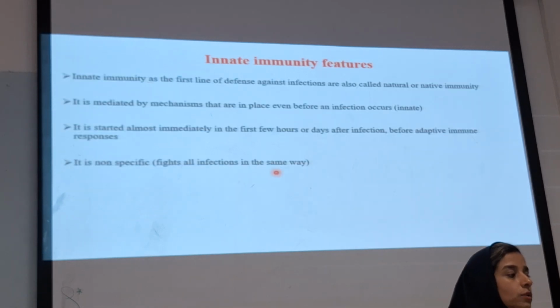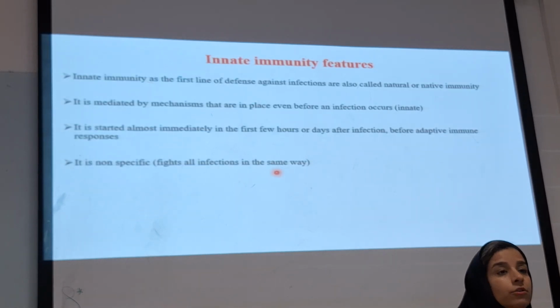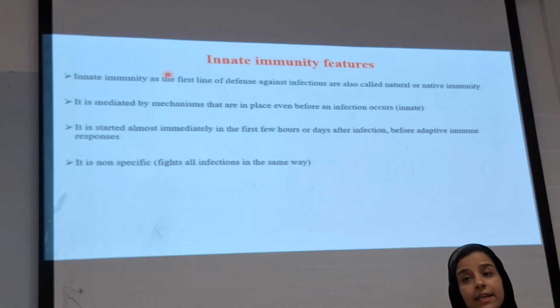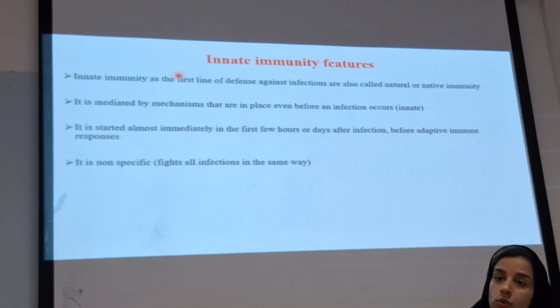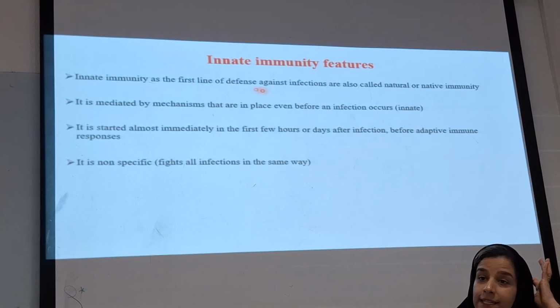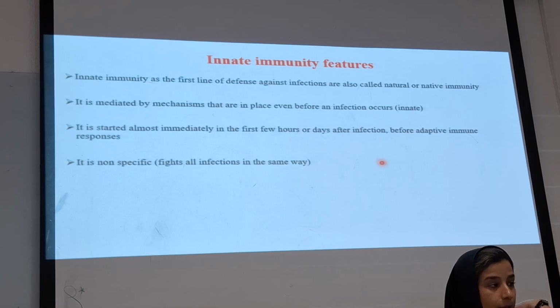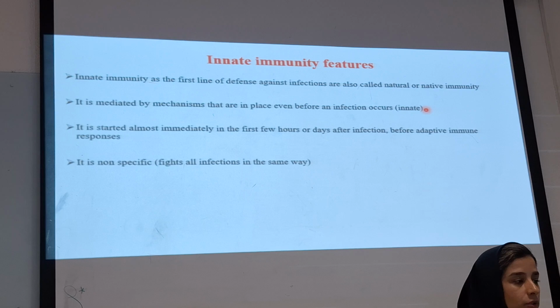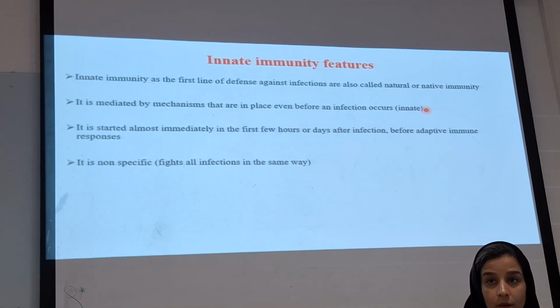And what are the general features of the innate immune system? As the first line of defense against pathogens, it is also called the natural immune system or native immunity. Why do we say innate? Because it's already there.